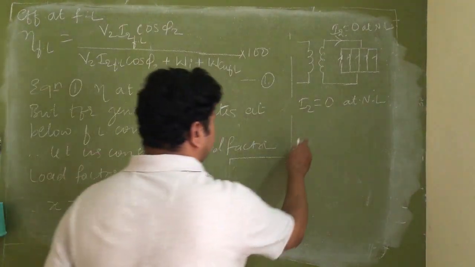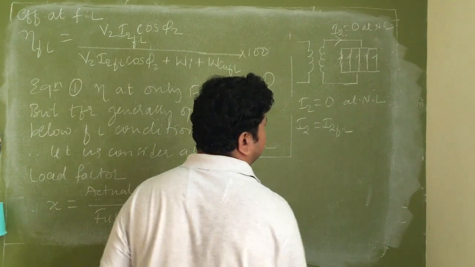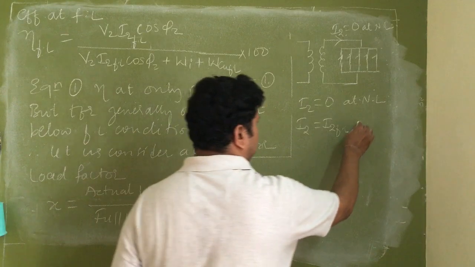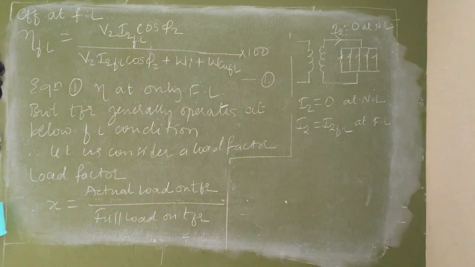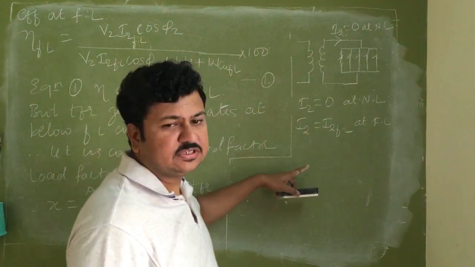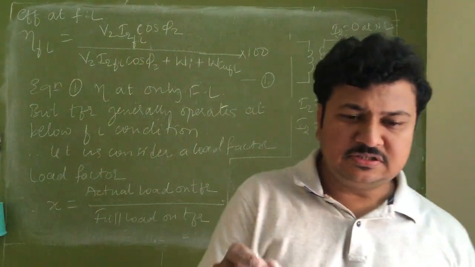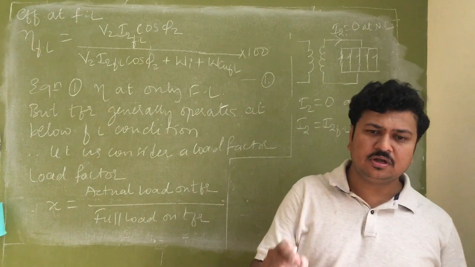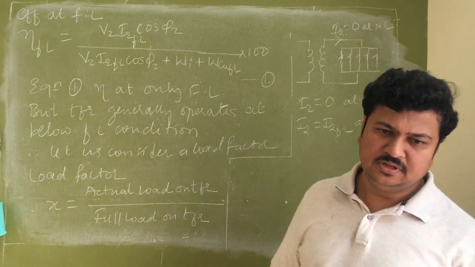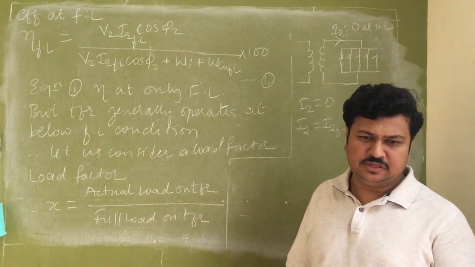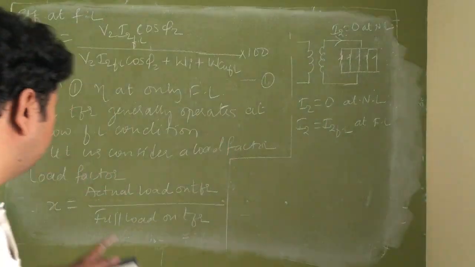Now I2 is I2 full load at full load. Now what is varying here? It is the secondary current. So in any machine, current is the quantity that decides the load condition on that machine. If current is 0, output of machine is 0. If current is maximum, output is maximum or full load. So this load factor has to be taken with respect to current now.